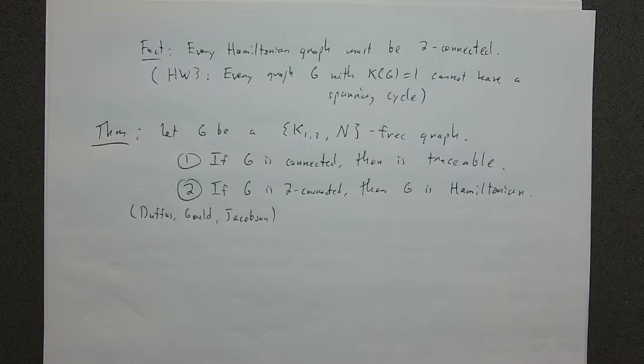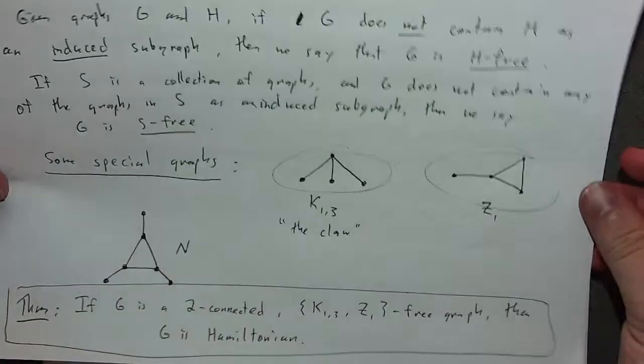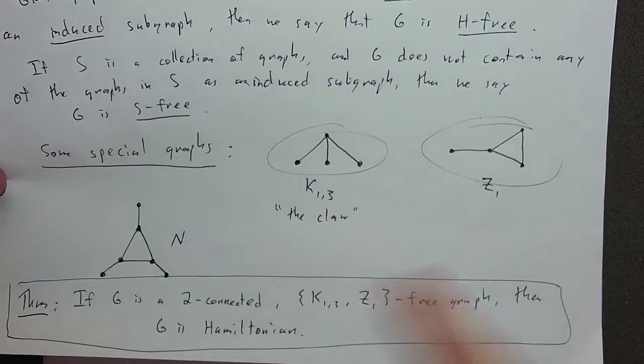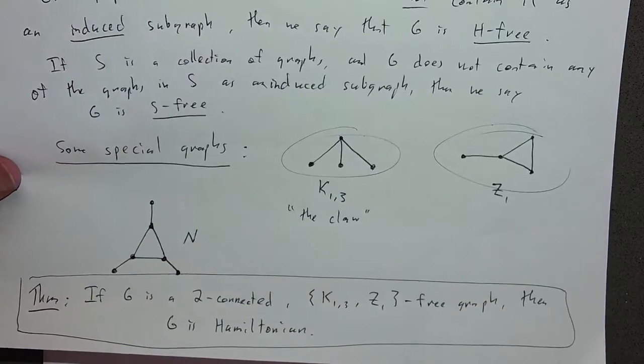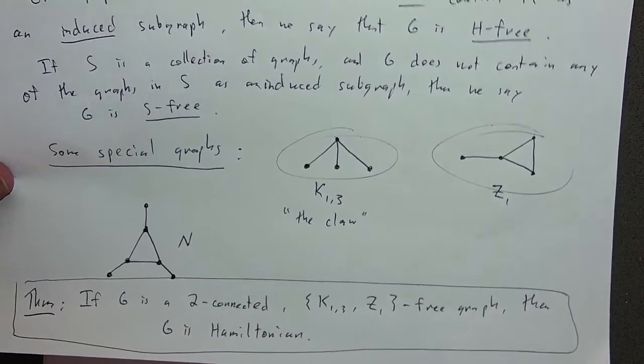This is another nice forbidden subgraph result. I promised I would put N back on the screen. So the three that we talked about first are the claw, Z1, and what we're calling N here. Notice how it is arranged.